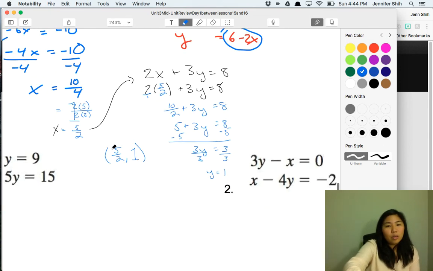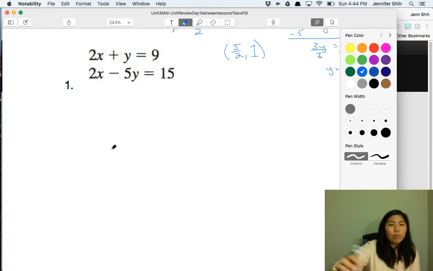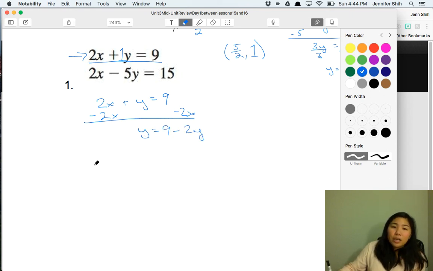So in your notebook, you are going to write down for your guided practice this equation, and I'm going to get you started a little bit. I'm going to take this first equation up here. I picked one that has a 1 in front of x or y, because it's really easy for me to isolate y like this.